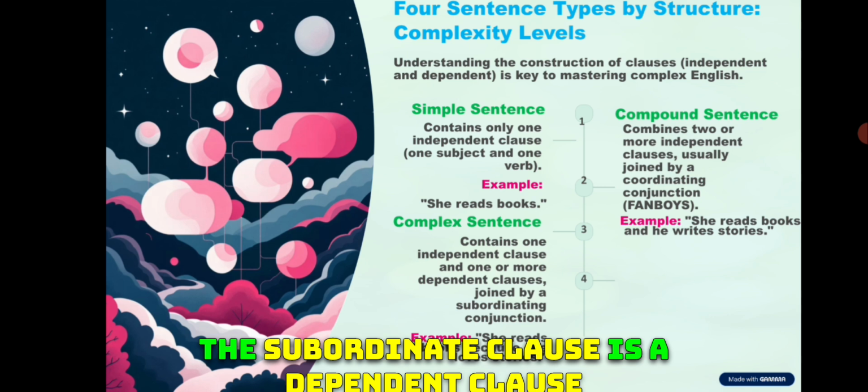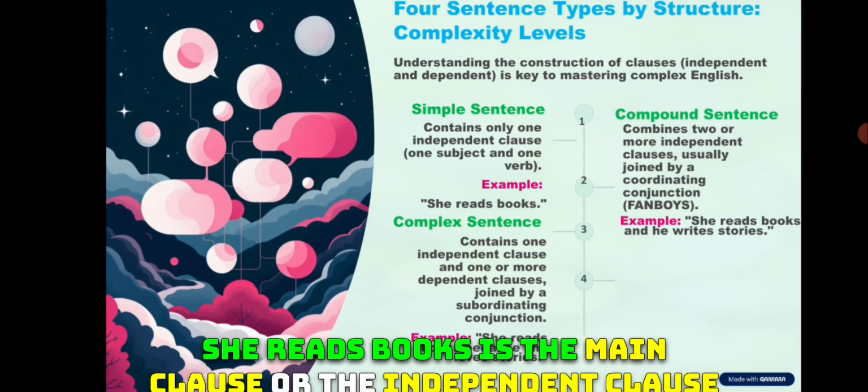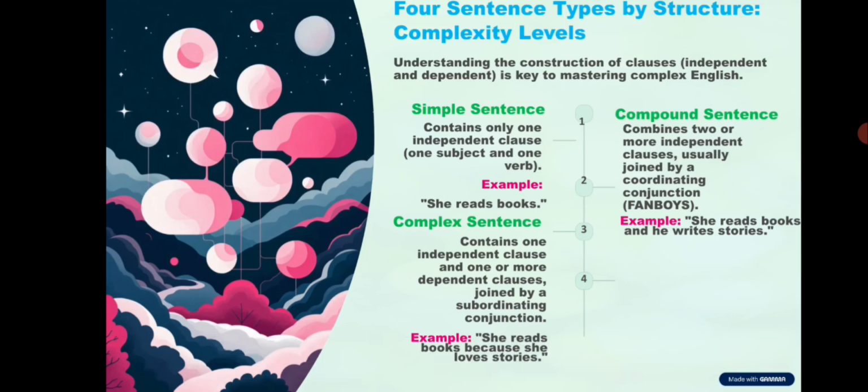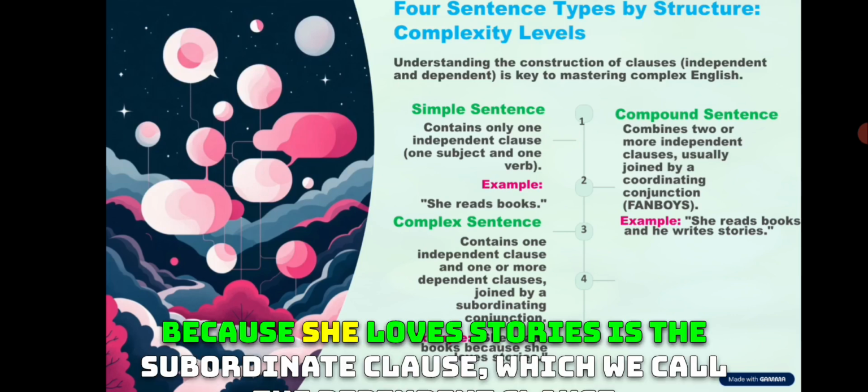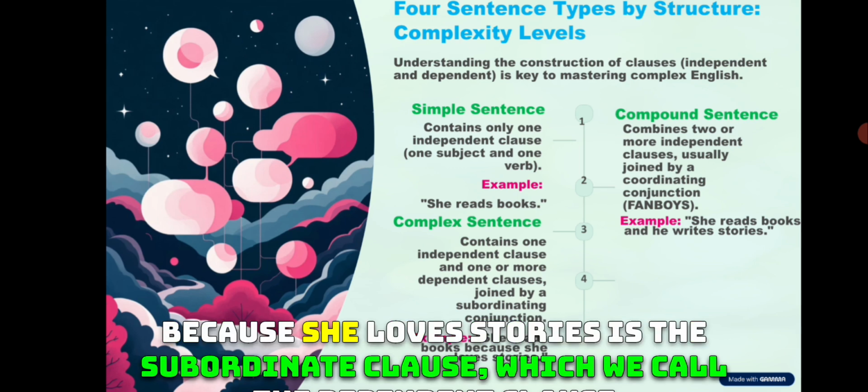Subordinate clause is dependent clause. She reads books is the main clause or the independent clause. Because she loves stories is the subordinate clause, which we call the dependent clause.